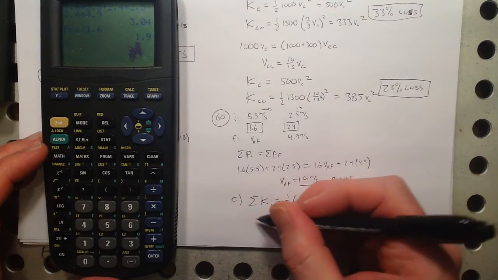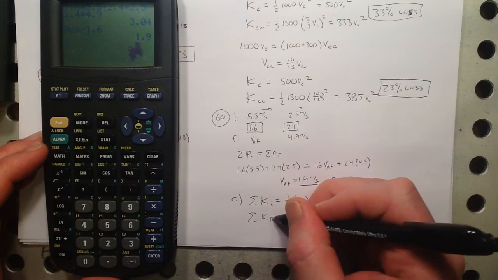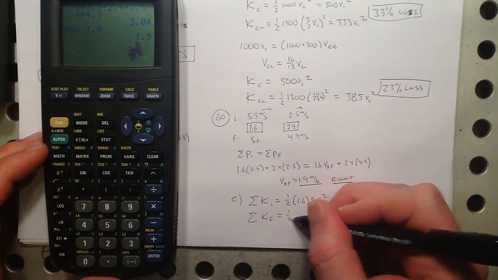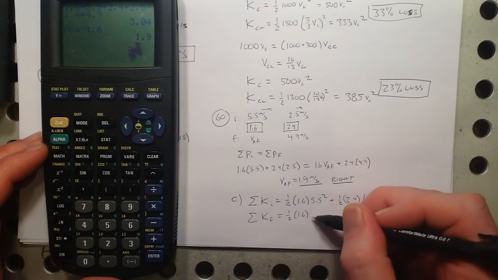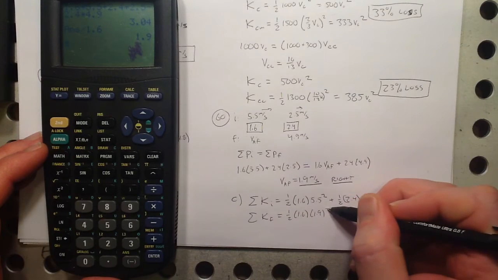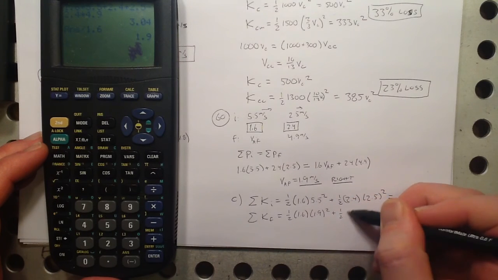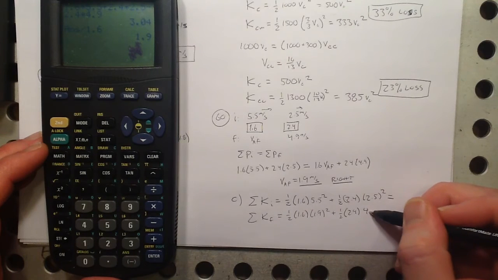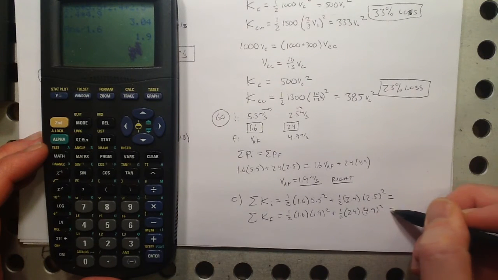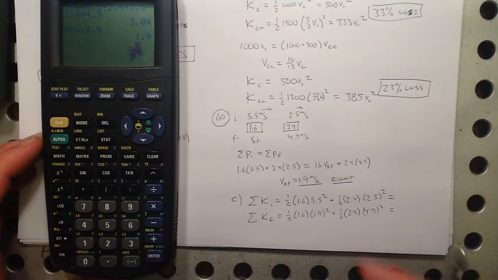Calculate that in a second. And the total kinetic energy after the collision is 1/2 m v, which we just found, 1.9 squared, plus 1/2 m v squared. So let's calculate those.